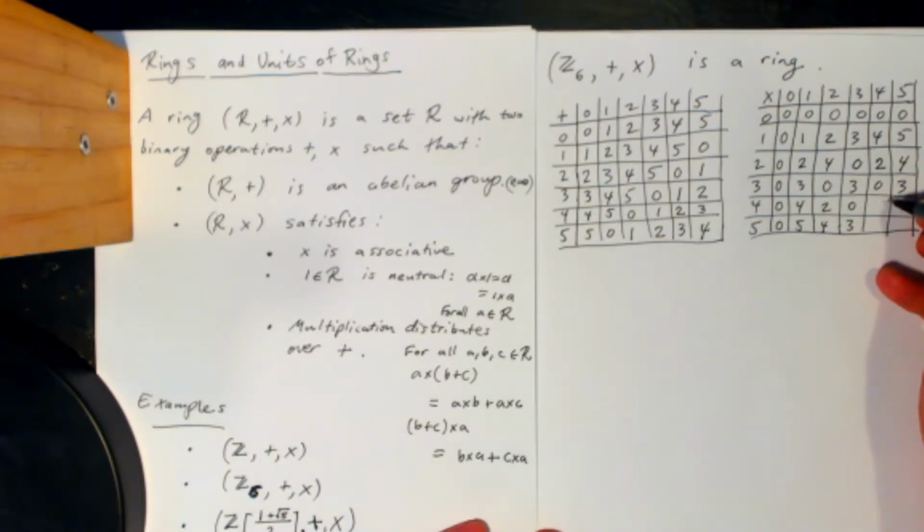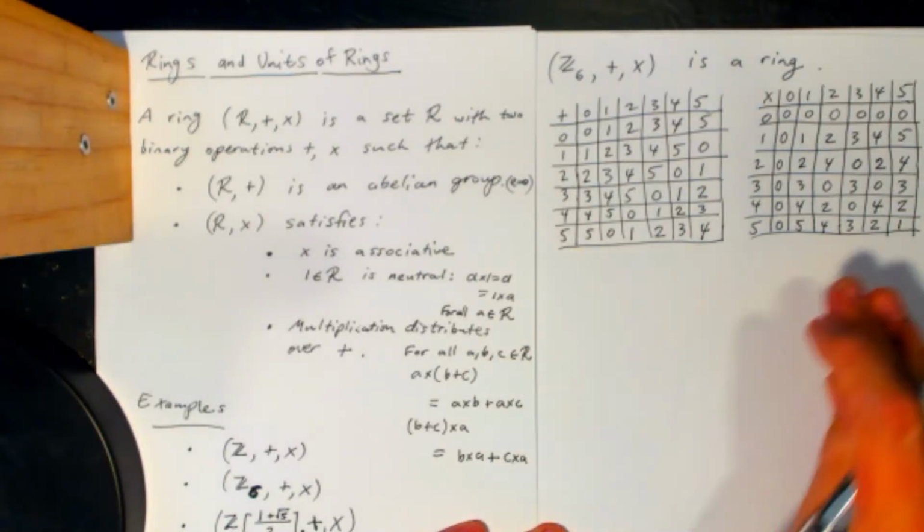Okay, 4 times 4 is 16, but that is 4 more than 12. And 4 times 5 is 20, which is 2 more than 18. 5 times 5 is 25, which is 1 more than 24, and of course 24 is a multiple of 6.